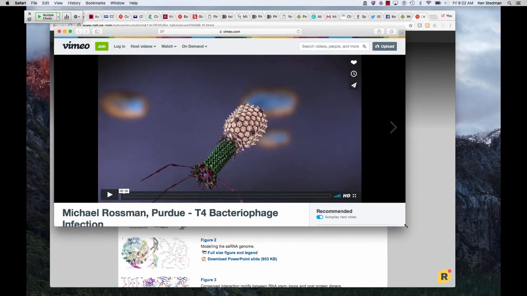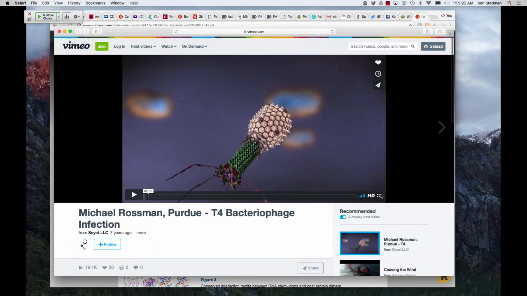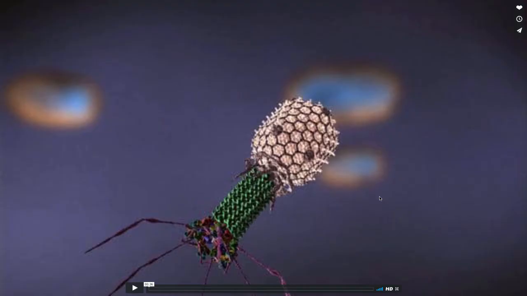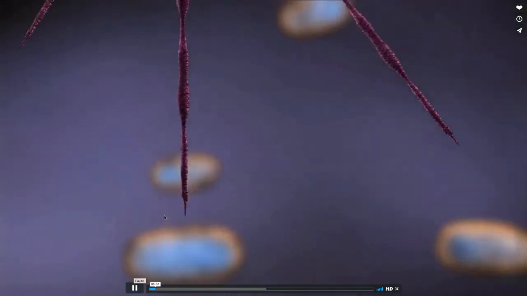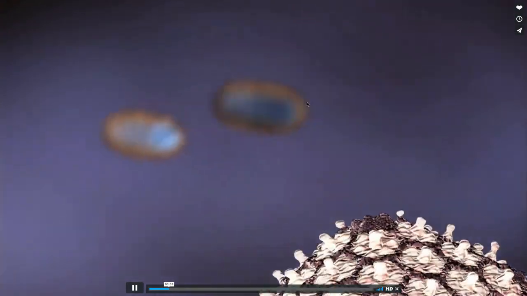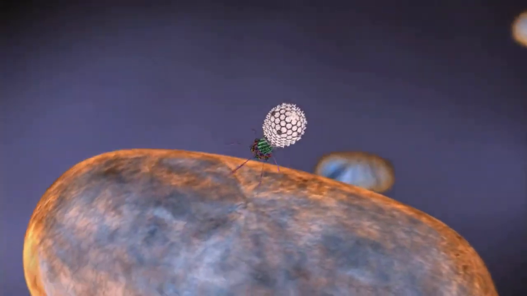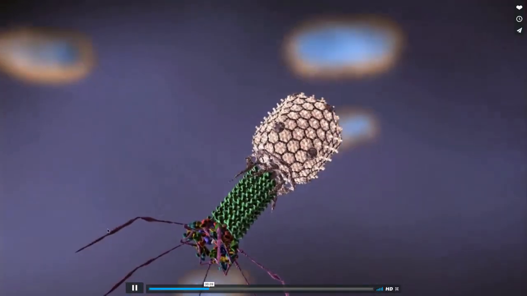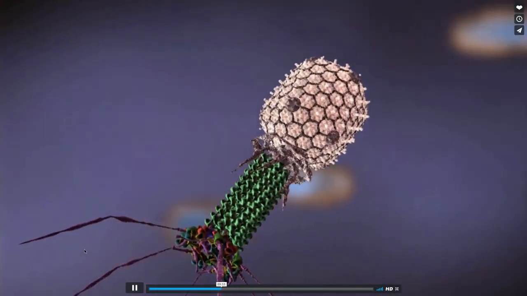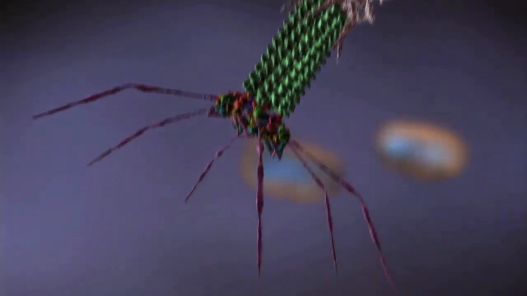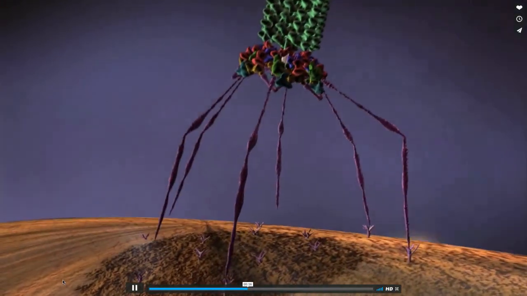So here's our bacteriophage T4 virion coming down and interacting with the poor unsuspecting E. coli hanging out here in the background. So here comes the virion moving through. Now there will be, of course, a lot more of these virions here, very low MOI that we're talking about. The tail fiber proteins here are going to interact with receptors on the outer membrane of E. coli.